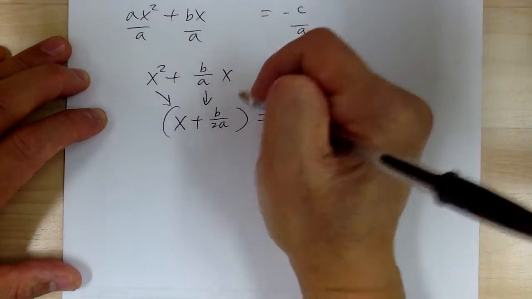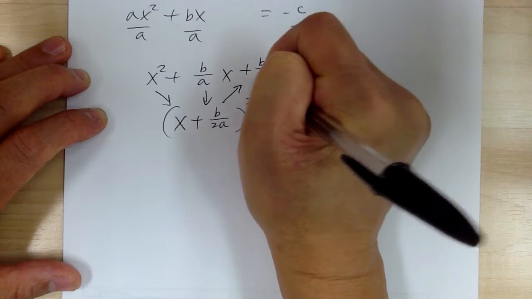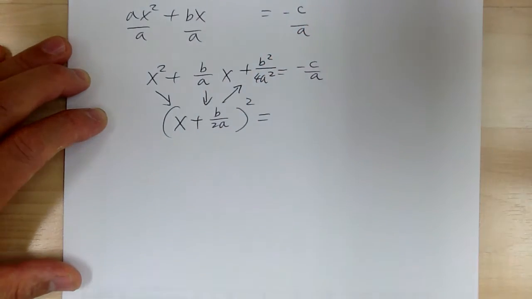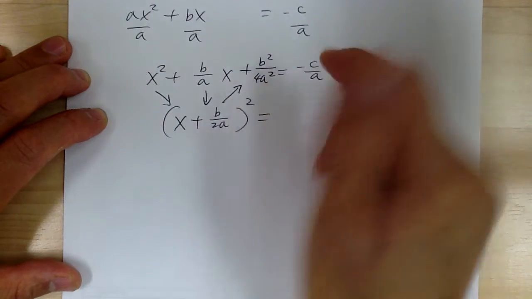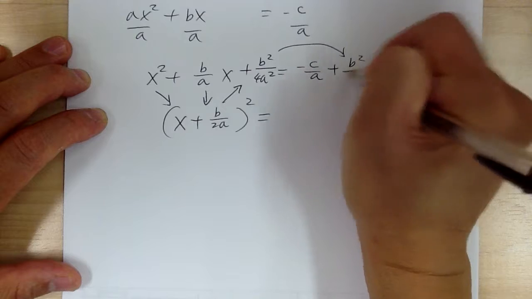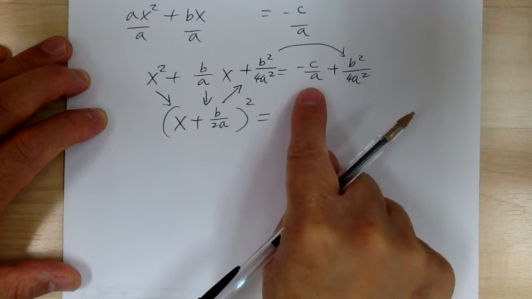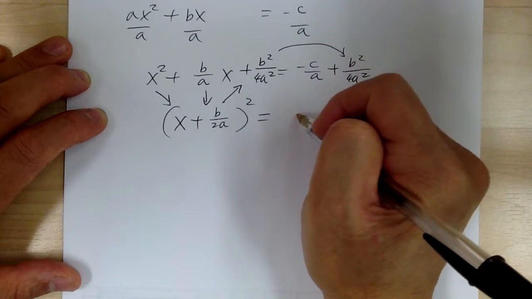So once you get that, you're going to get plus b squared over 4a squared, right? But if you add this on this side, you have to add this on this side. So once you add this together, you get your common denominator.